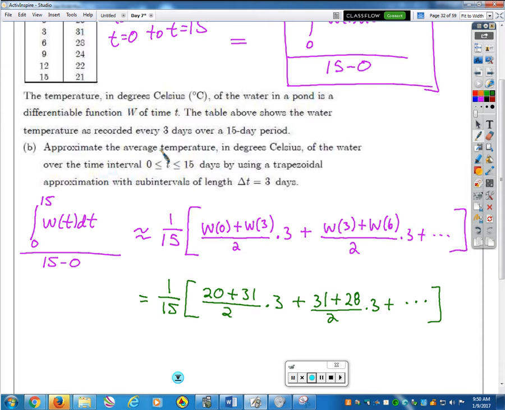So I remember, to find the average of something, in this case W is the temperature, I integrate whatever I'm averaging. That doesn't give me an average. What gives me an average is the integral combined with dividing by the width of the interval. Is that your question? Yeah. Good point. Anyone else? Well done. Next one.